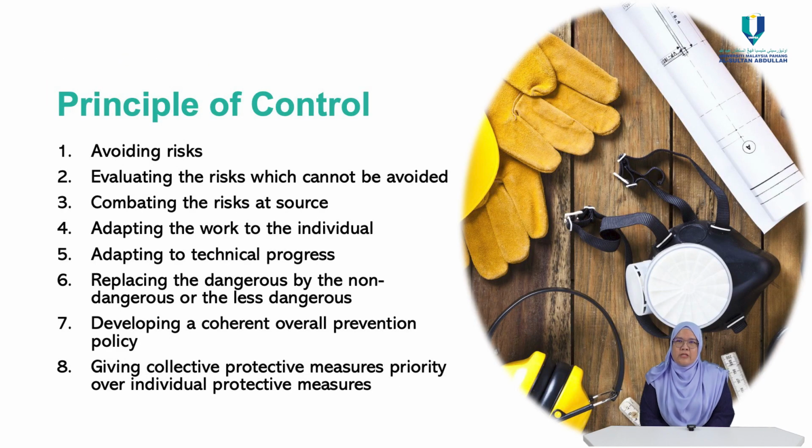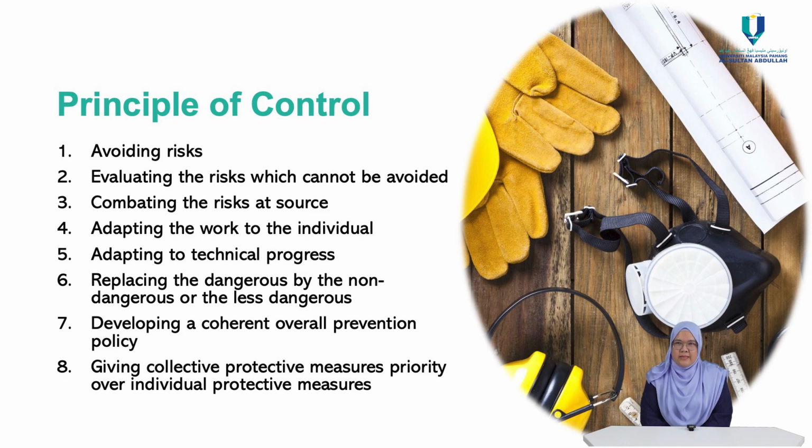In relation to that strategy, the principles of control can be said to have these 8 principles. First is avoiding risk. Second, evaluating the risks which cannot be avoided. Number 3, combating the risk at source.